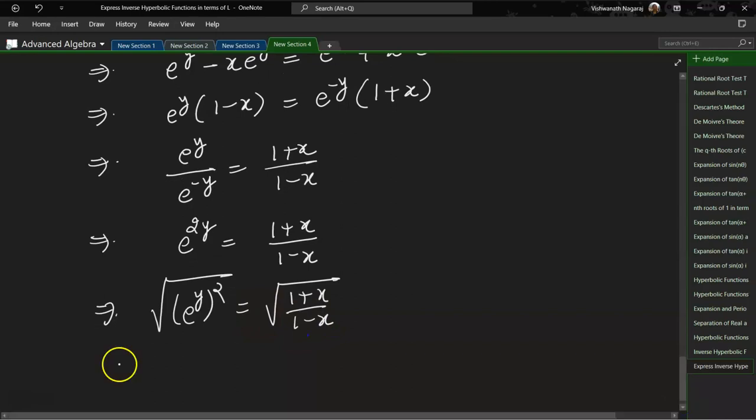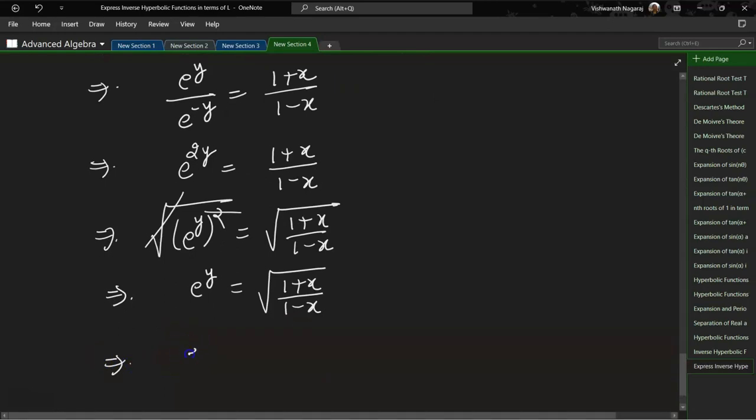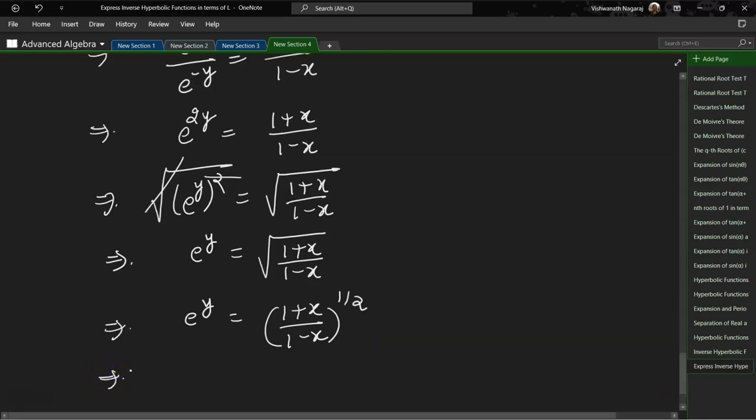Now this implies the square root and the square will disappear. e to the power of y is equal to square root of 1 plus x by 1 minus x. Okay, let's write one more step. e to the power of y is equal to 1 plus x by 1 minus x to the power of 1 by 2. So now let's make e disappear by taking log on both sides.